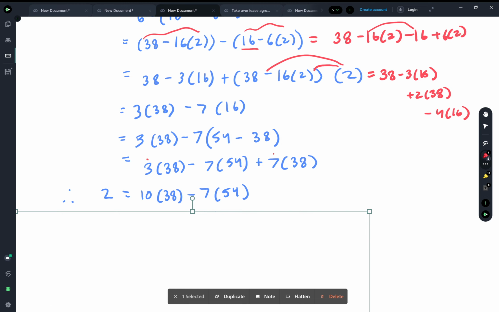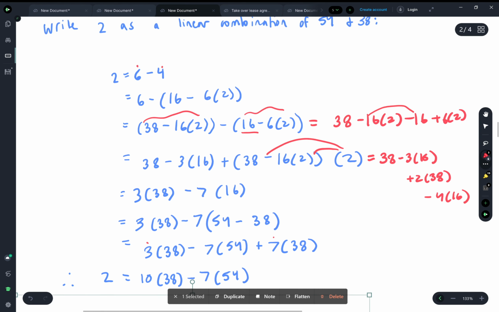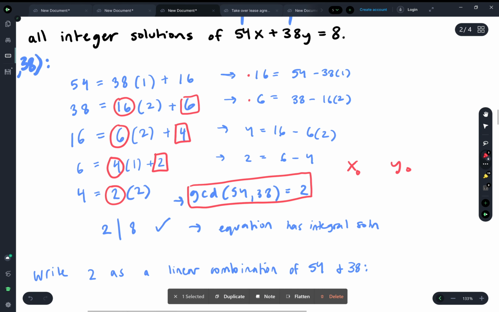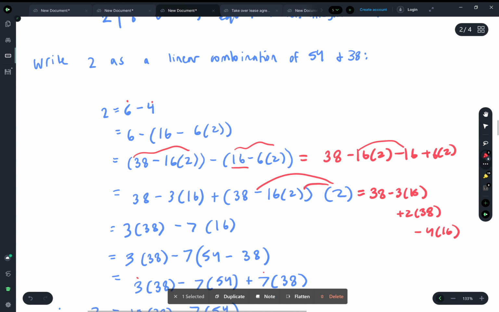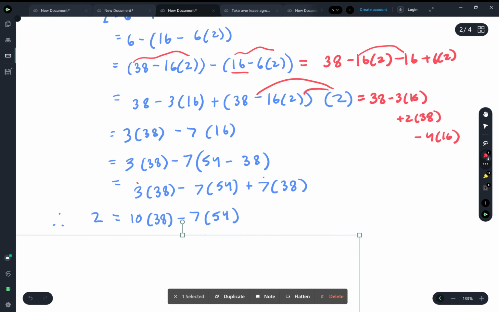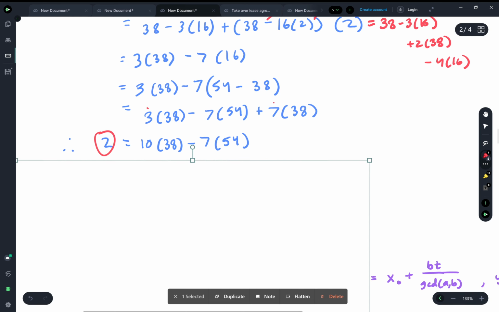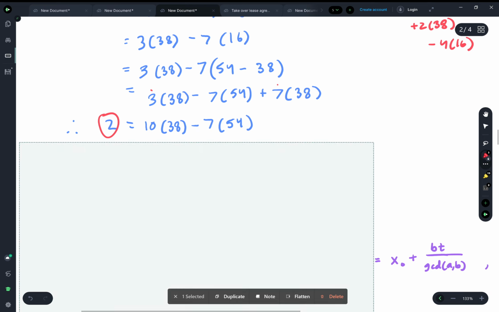Now, looking back at our original equation, we want a linear combination that ends up with an 8. Right now we have a linear combination of 54 and 38 that makes up 2. We want this to be an 8. How do we make that an 8? We just multiply everything by 4.